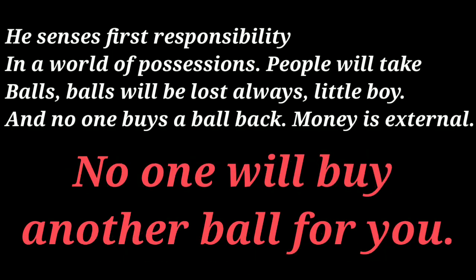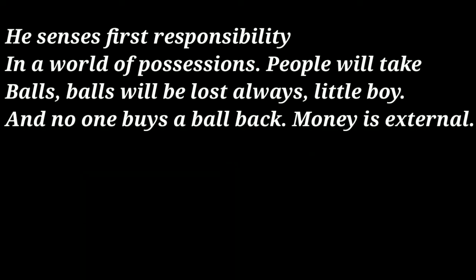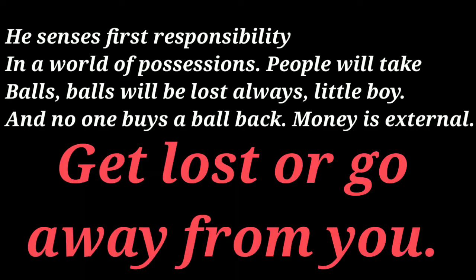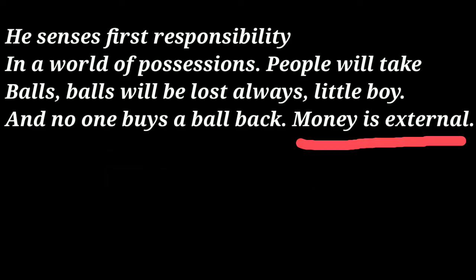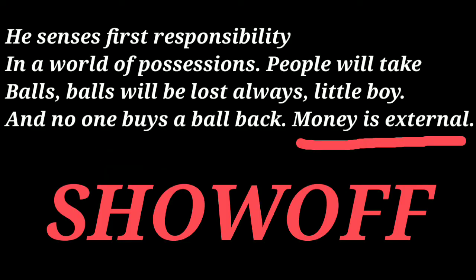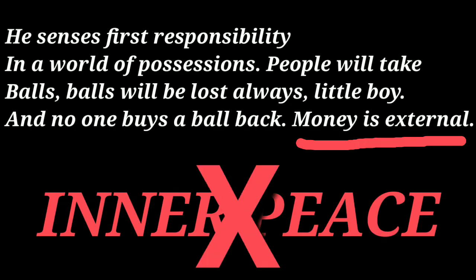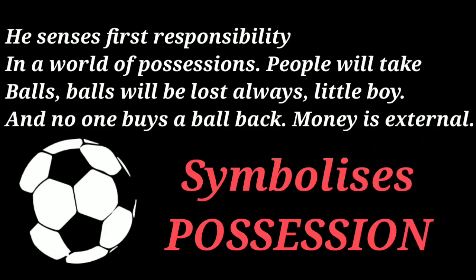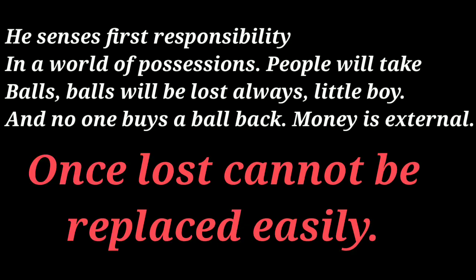No one will buy another ball for you. It will get lost or go away from you on its own. Another thing that the poet says is, money is external, meaning it's just a show off. It cannot buy you inner peace. In these lines, ball is a symbol of one's possession, and the poet reaffirms that what is once lost cannot be replaced easily.